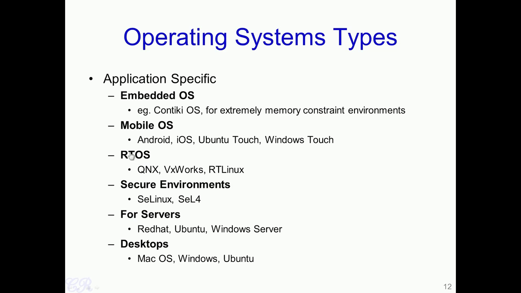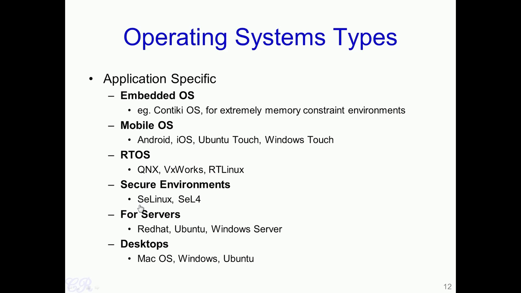For example, in several mission critical applications like rockets, automobiles or nuclear plants, a delay in doing a particular operation by the computer system would be catastrophic. So, these RTOSs are designed in such a way that every critical operation on the system is guaranteed to complete within the specified time.